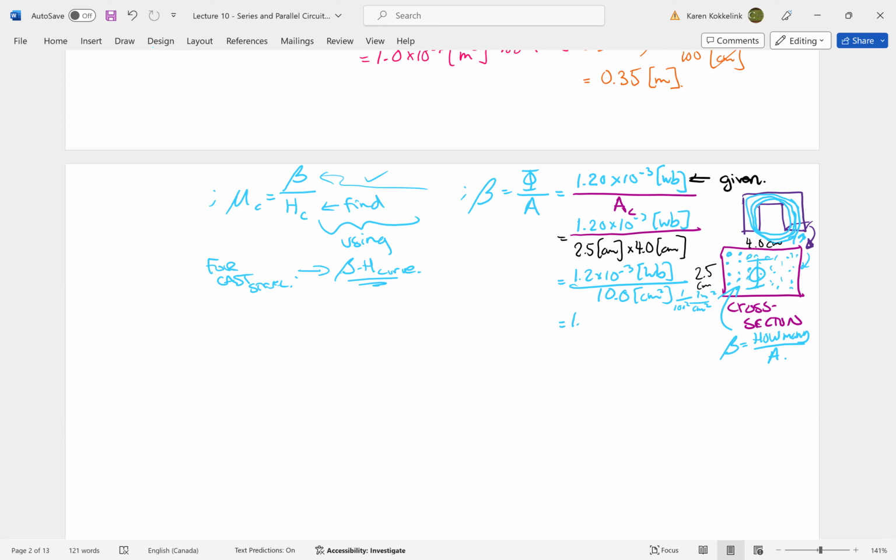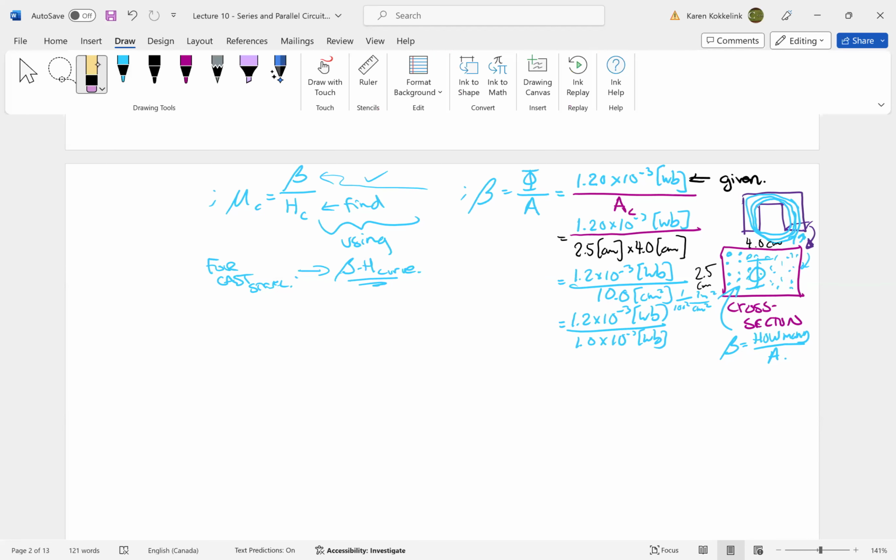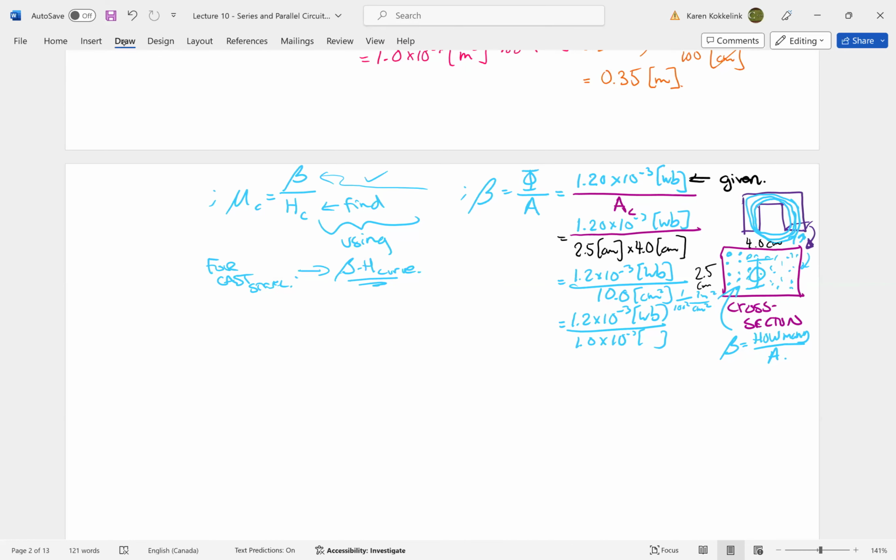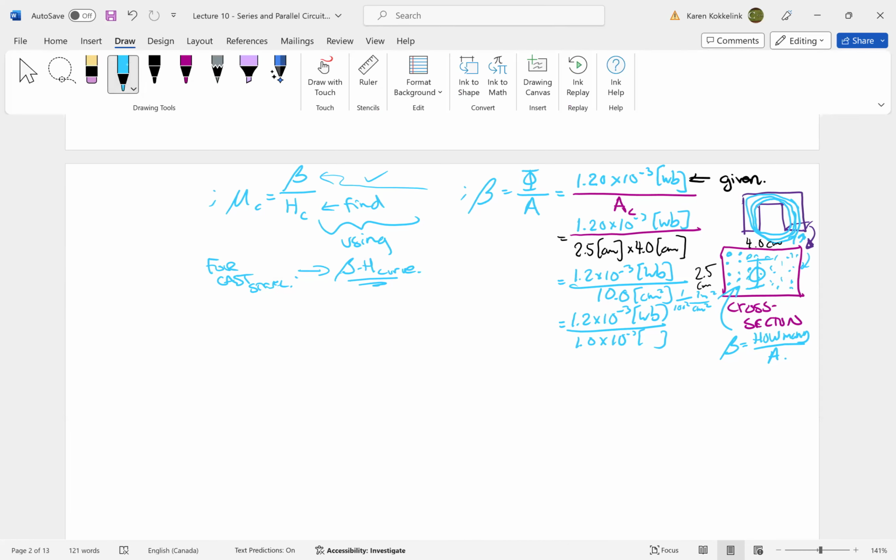And so I have 1.2 times 10 to the negative 3 Weber over 1.0 times 10 to the negative 3. Oops, that's not a Weber. Meter squared.